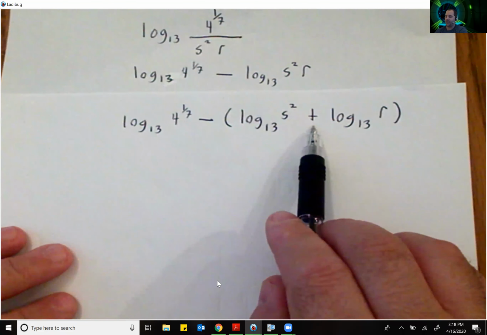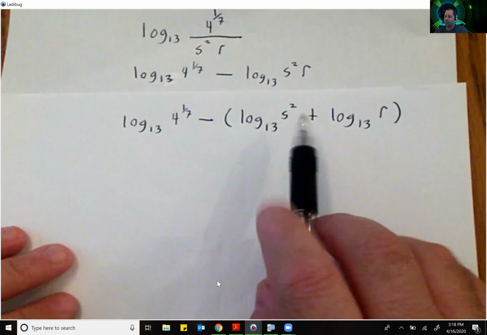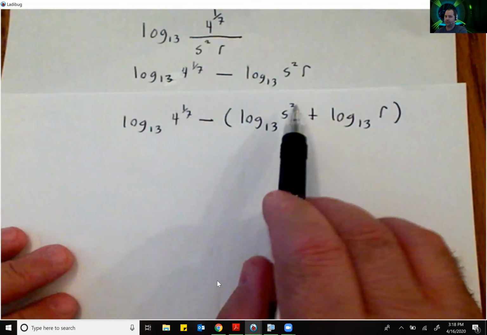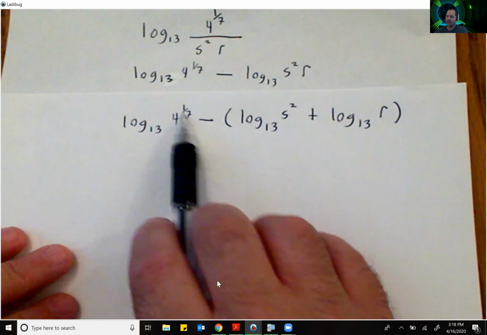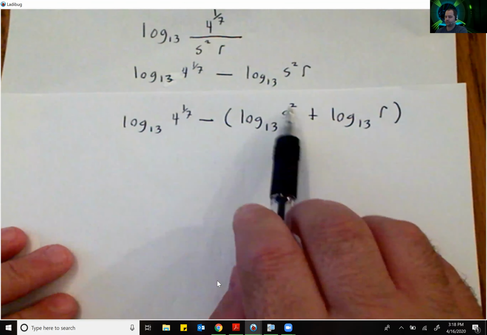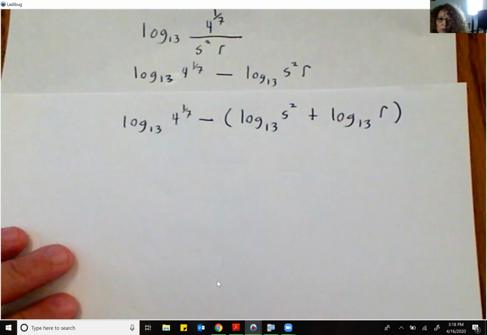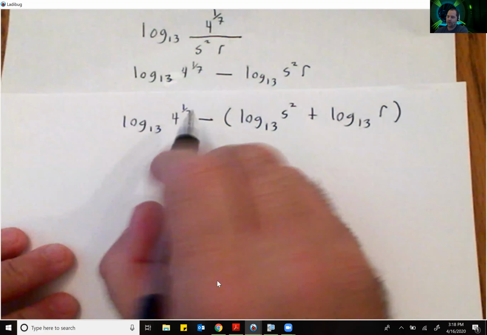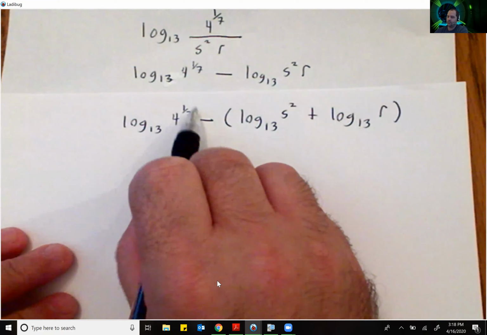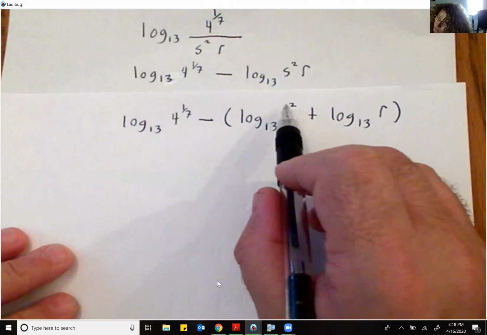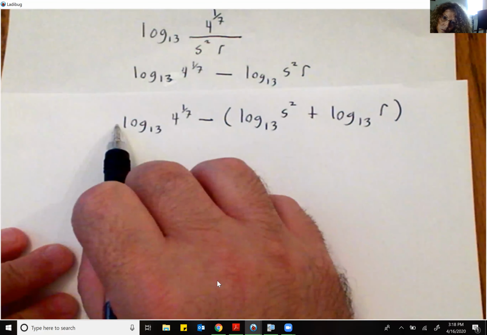Now, the only other thing is, what do we do with the powers up here in expanding out? What are we going to do with these powers? Combine them? No. Where do they move? It's going to shift to the front.